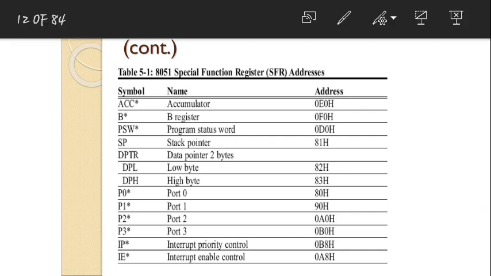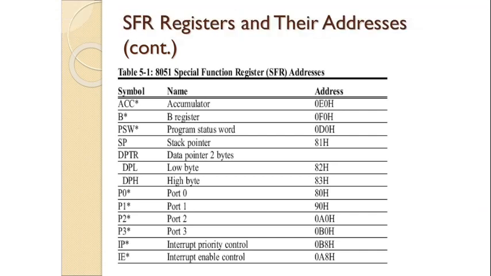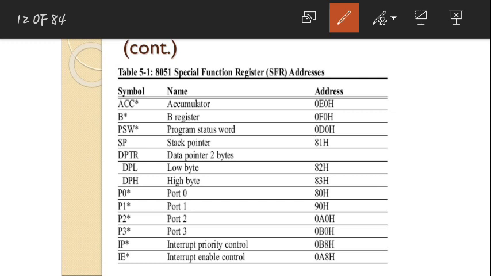See, this we have just seen here. Accumulator, the address of the accumulator is E0H, I have just said. Then for B the address is F0H, PSW is D0, stack pointer is 81.